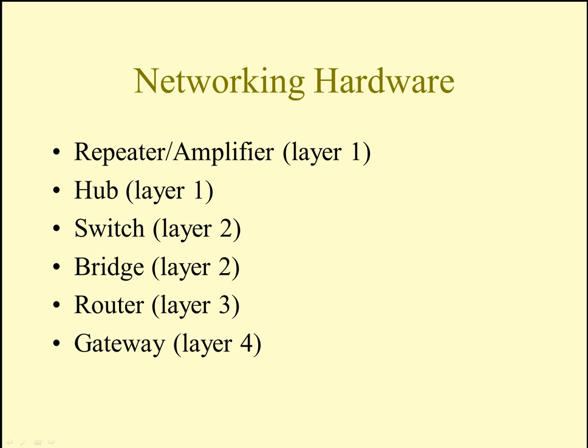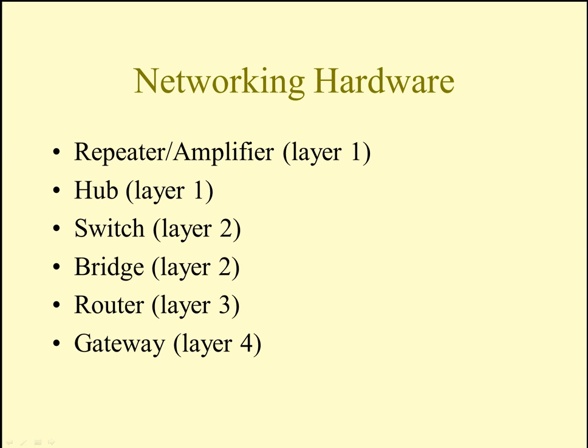So let's say that we have 5 different lines coming into a switch, and the first computer is sending a message to the 5th computer. When the message comes in on the first line, the switch is going to read and find that the destination hardware address is computer 5, and it's going to forward that frame only to port 5, and it's not going to forward it along to ports 2, 3, or 4.